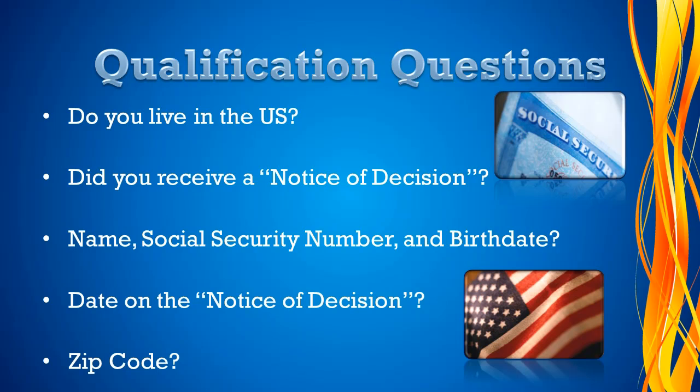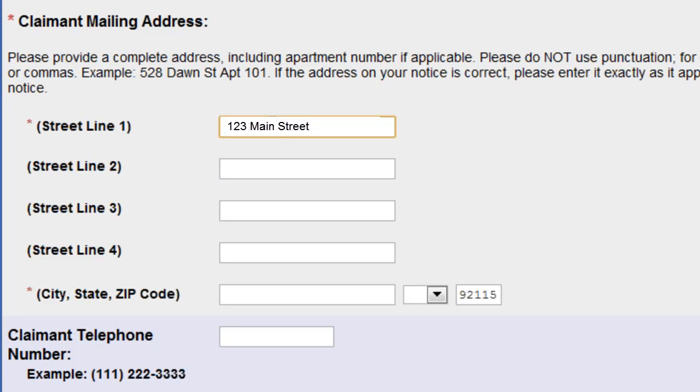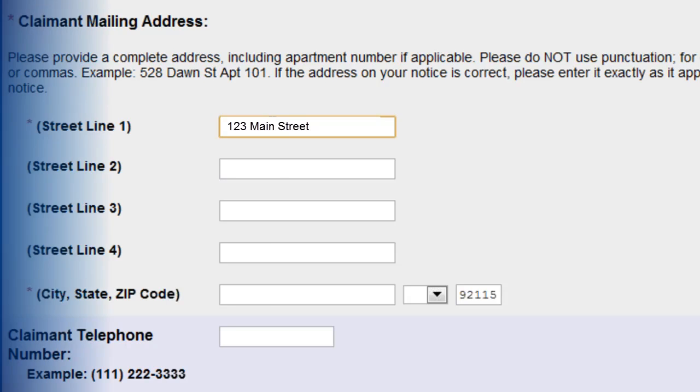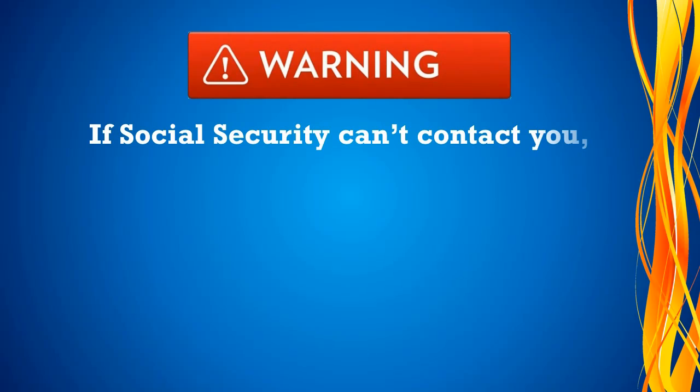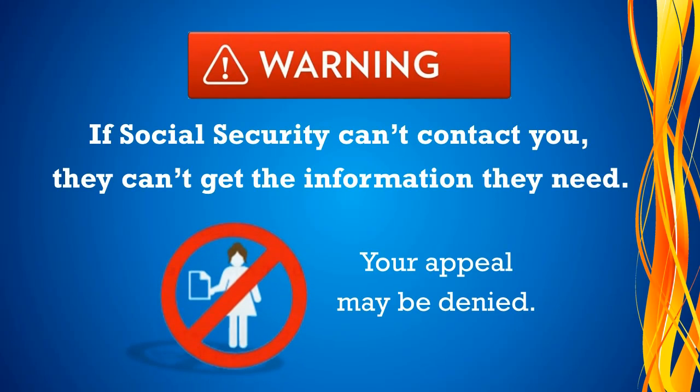If you are eligible to file your appeal online, you will then be asked several questions regarding your contact information. The contact information is important because Social Security will need to contact you periodically during the process of your claim. If Social Security is unable to contact you, they will not be able to get the information they need from you, and your appeal may be denied.